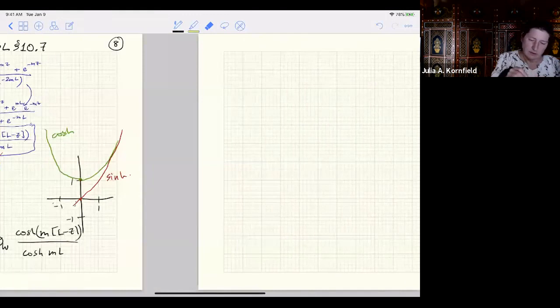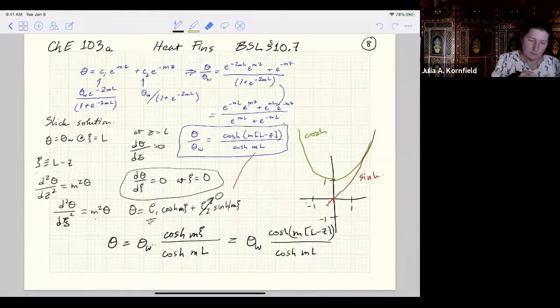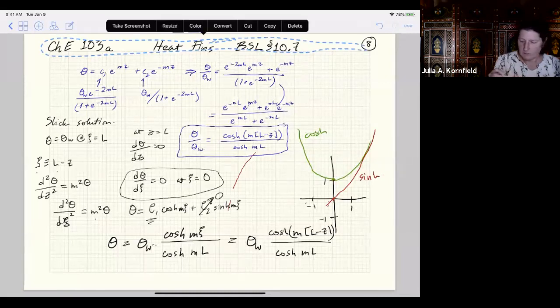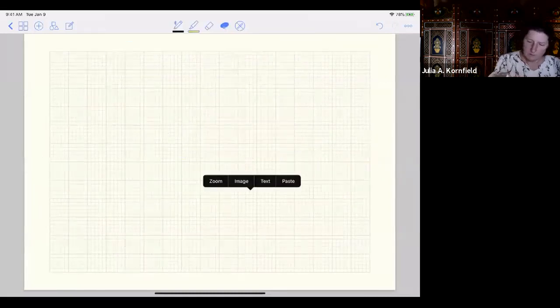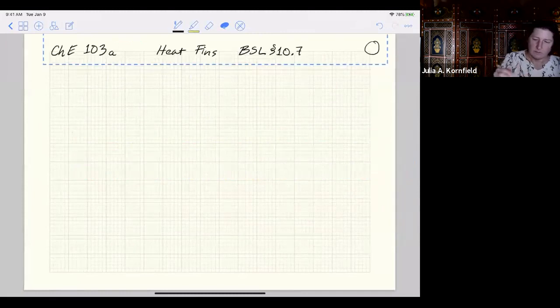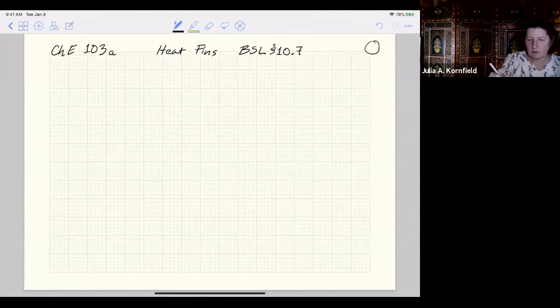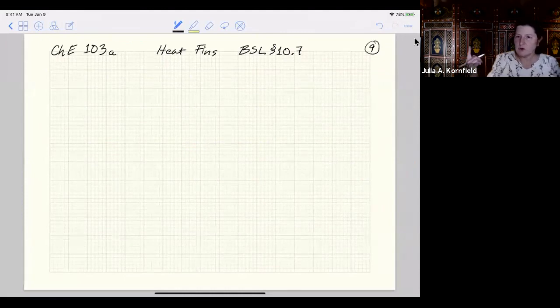So yeah, the next thing you want to do is make sure that the solution makes sense. So what's the first thing we usually check? Dimensions. So we want to make sure it's dimensionally consistent.